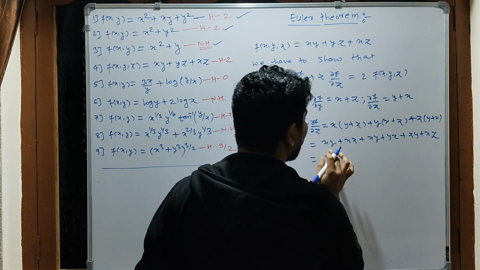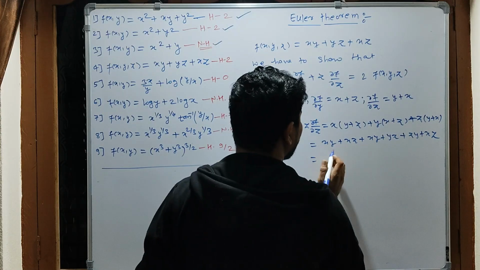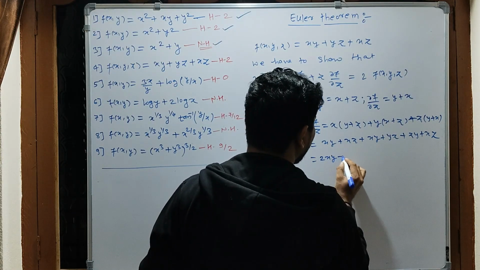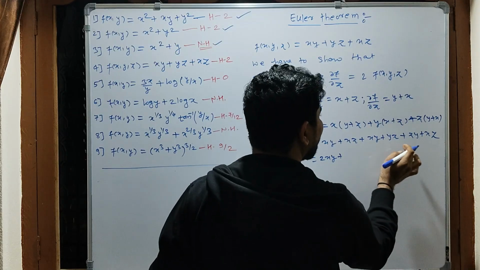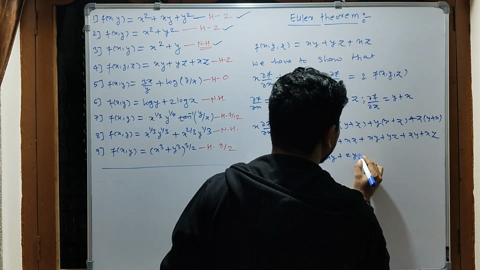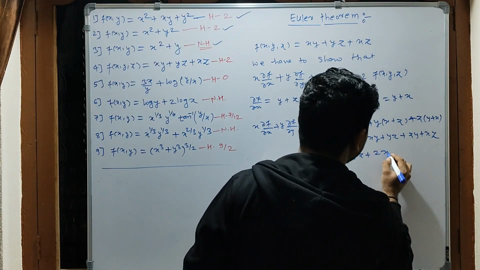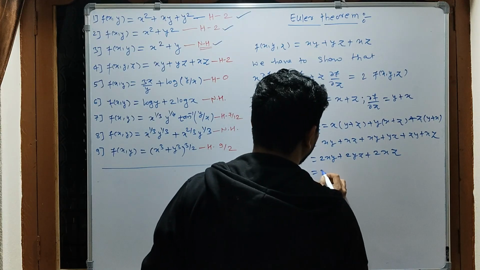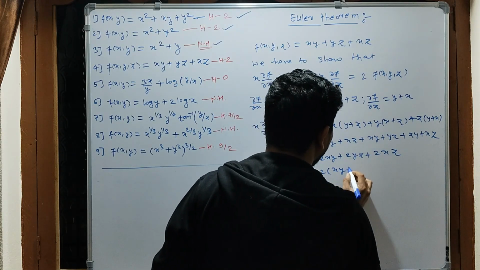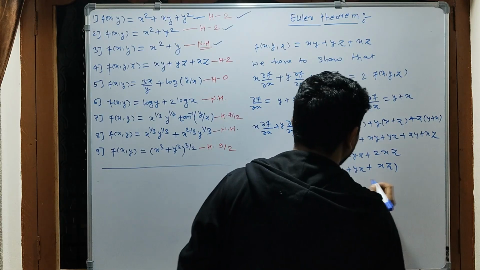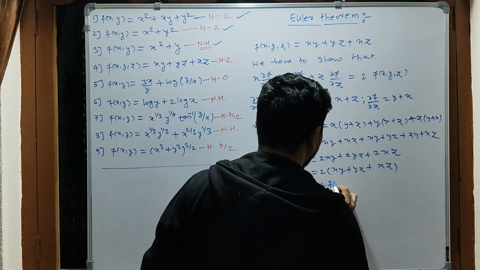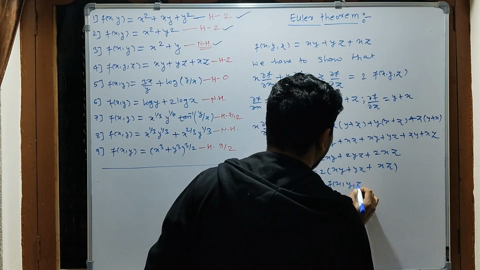So here, this is xy, this is xy, so here 2 times xy; this is yz and this is yz, so here 2 times yz; this is 2 times xz. Which is equal to 2 times (xy + yz + xz), which is equal to 2 times f of x, y, z.